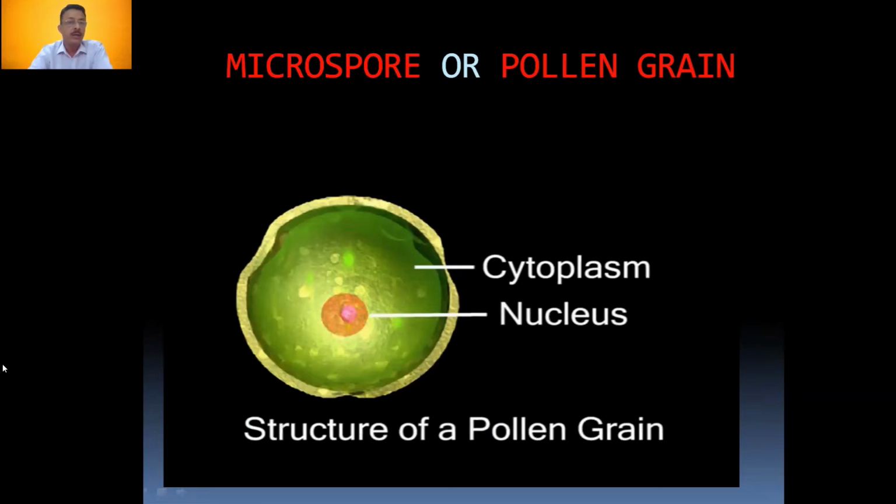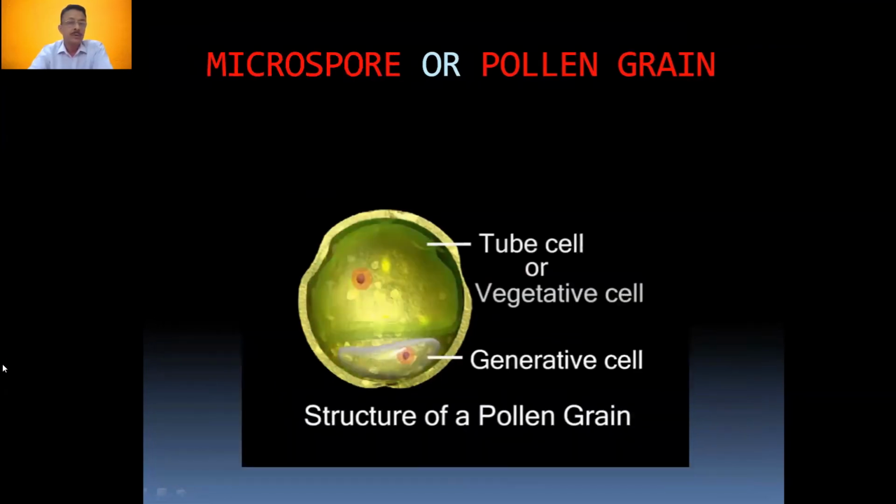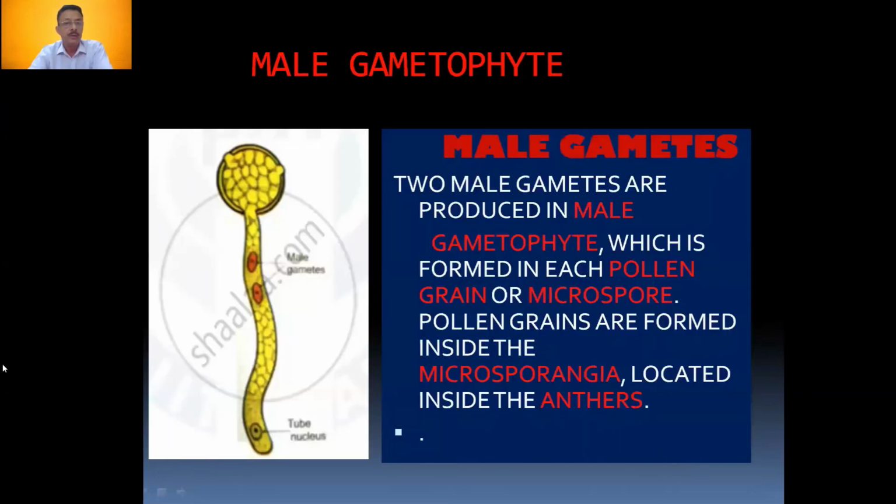Inside the pollen grain, there is cytoplasm and nucleus. The 2 cells present in the pollen grain are tube cell or vegetative cell, the larger one, and the smaller one is generative cell. Now, what happens when this pollen grain falls on the stigma of flower?